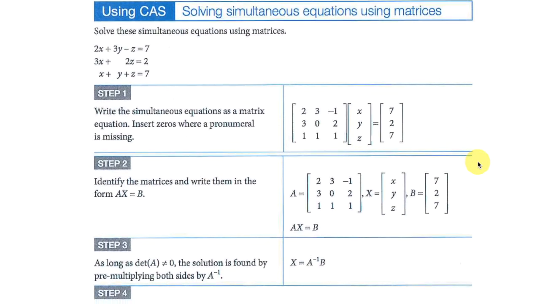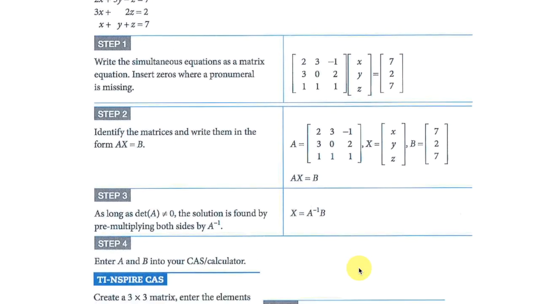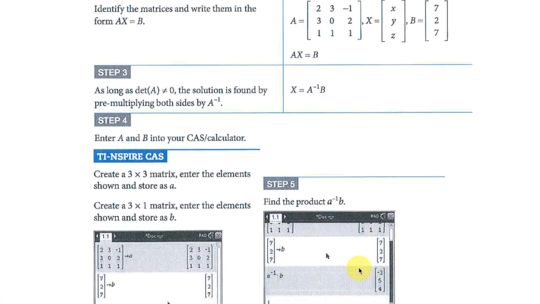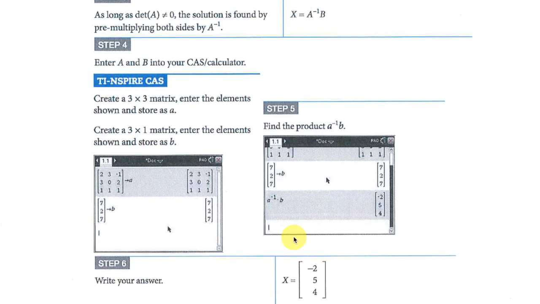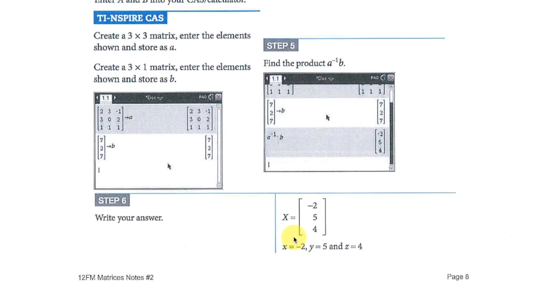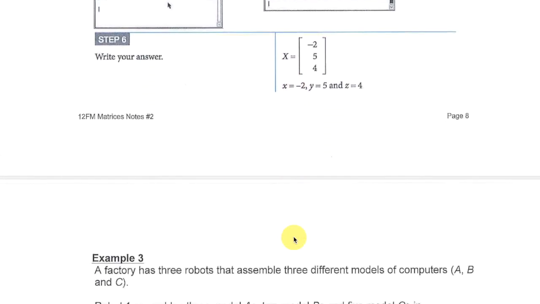I know that my variable matrix will equal the inverse of the coefficient matrix multiplied by the answer matrix. So rather than defining each of these matrices as A, B, and writing all this out, what I suggest you do is use copy and paste. And I'll show you that with the example that's just below here.